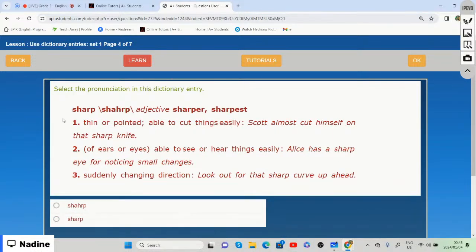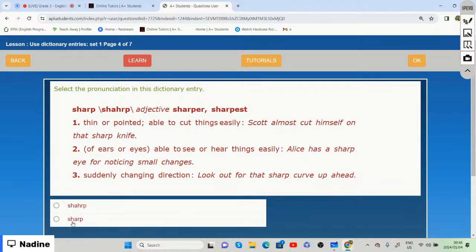All right, so the last one, shop. The meaning of shop. What is the pronunciation of shop? Is it the first option, which is SHAHRP, or the second option, which is SHARP? The pronunciation, how we say the word.